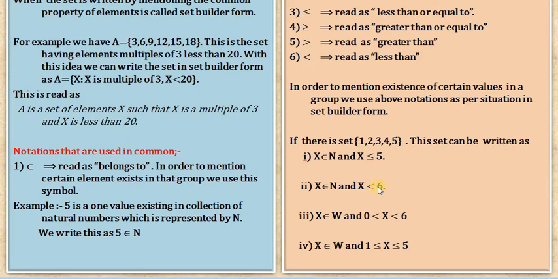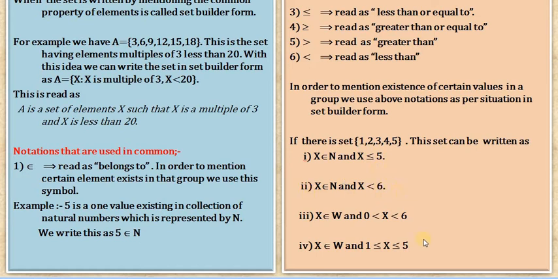Suppose I say take the natural numbers less than 3. You take 1 and 2. Suppose I ask for natural numbers less than or equal to 2, then also you will say 1 and 2. So we can ask the question in different ways. Here the property is mentioned in different forms.